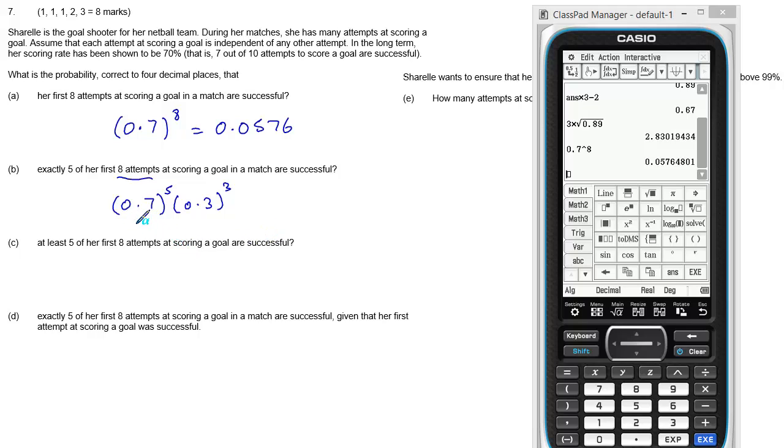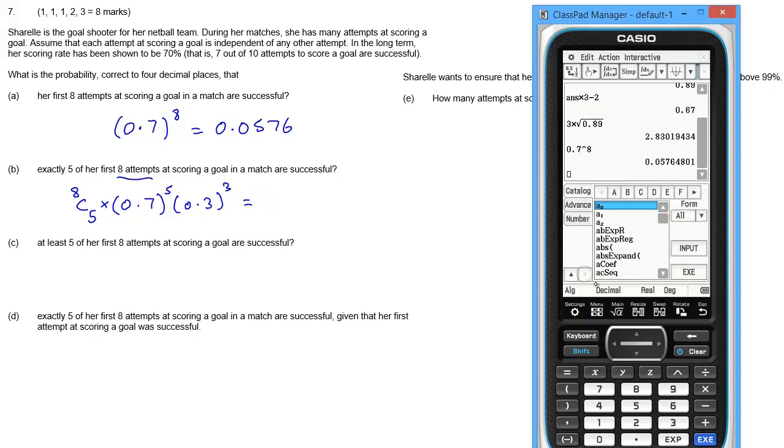Now we don't know exactly where the successes occurred, but we've got 8 attempts and we're choosing positions for 5 of those. So this should give us the answer.